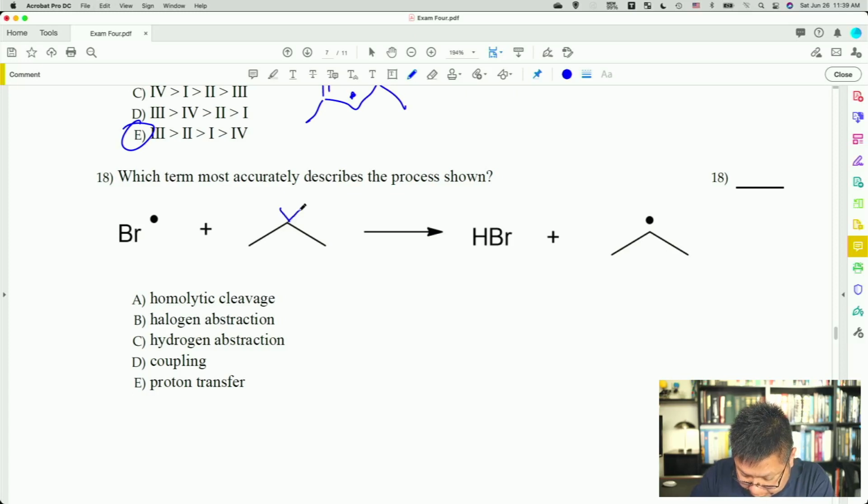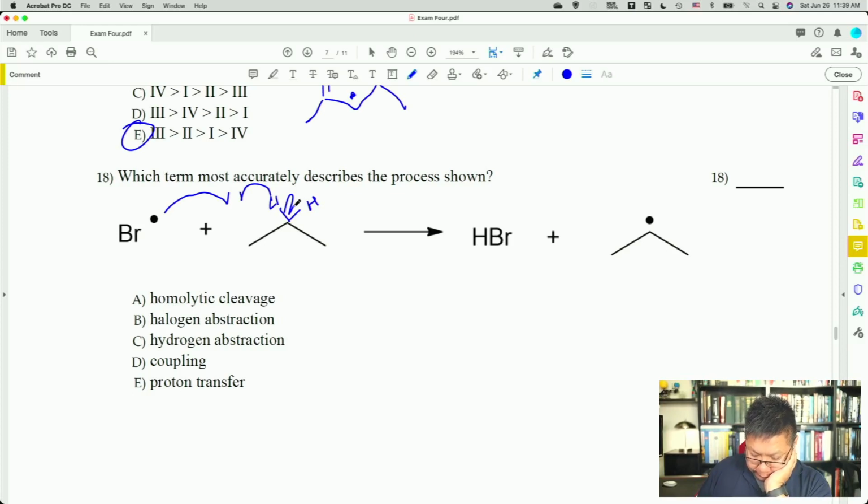We have protons here, and this radical is going to come over and abstract this secondary proton. Not that far. Like this. And then that one electron that's still there will come down like that. Okay?